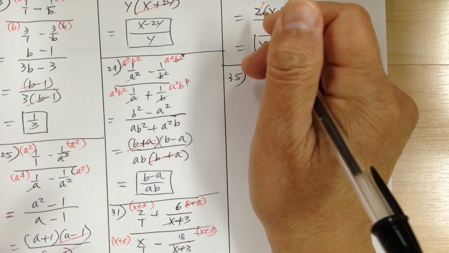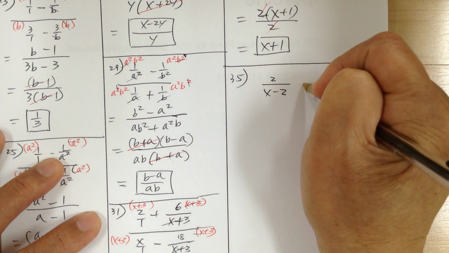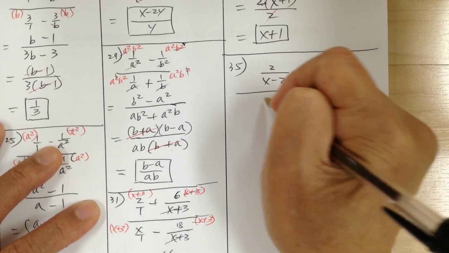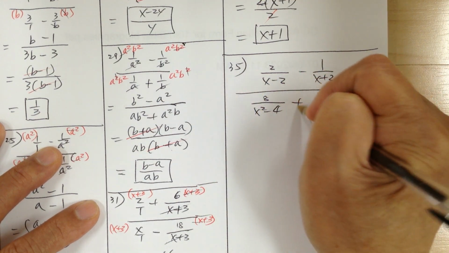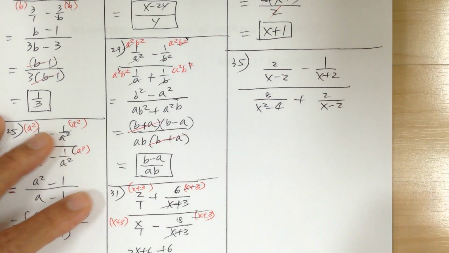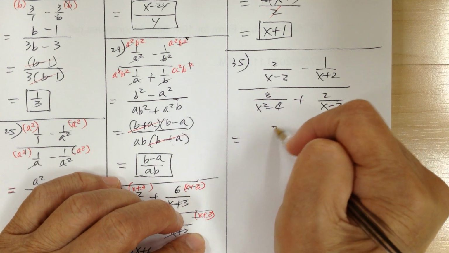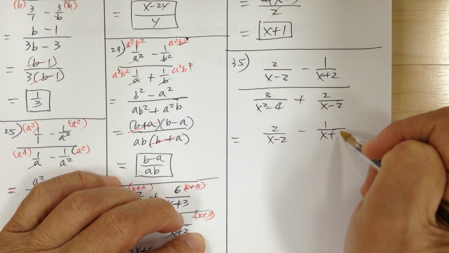Okay, 35. You have 2 over x minus 2 minus 1 over x plus 2, over 8 over x squared minus 4 plus 2 over x minus 2. Before you get to your LCD, you have to factor these, so you can make sure your denominator is all factored.